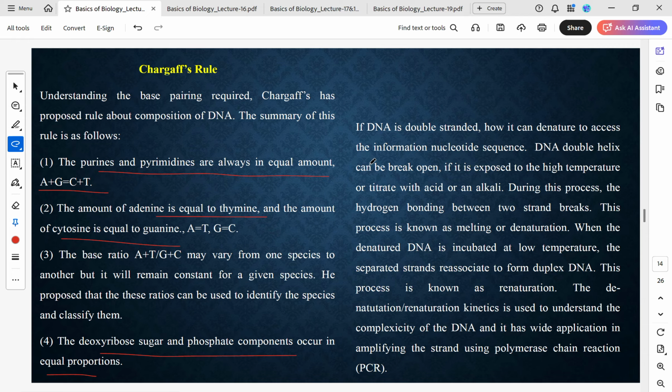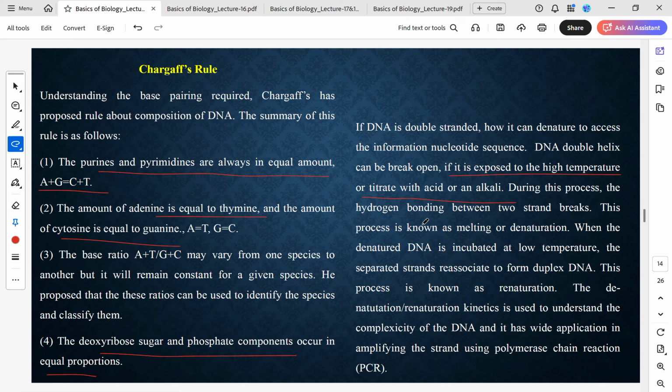So, if the DNA is double stranded, how can you access the information written within the nucleotide sequence? The double helical structure can be broken open if it is exposed to high temperature or titrated with an acid or alkali, which will denature the strands. This affects the hydrogen bonding, and therefore the two strands will separate.